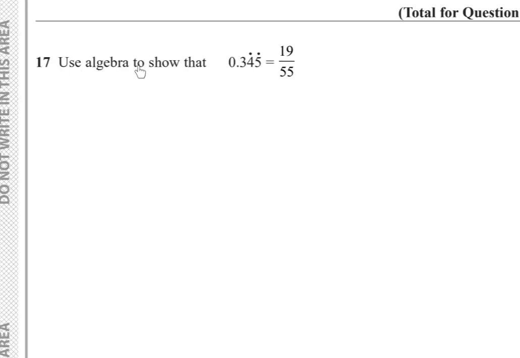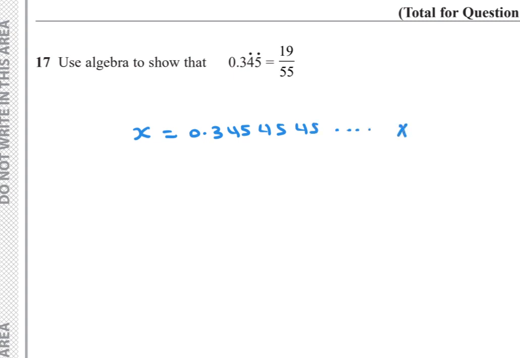17. Use algebra to show that 0.345 recurring decimal equals 19 over 55. Now you can write x equals 0.3454545, because 45 is repeated.